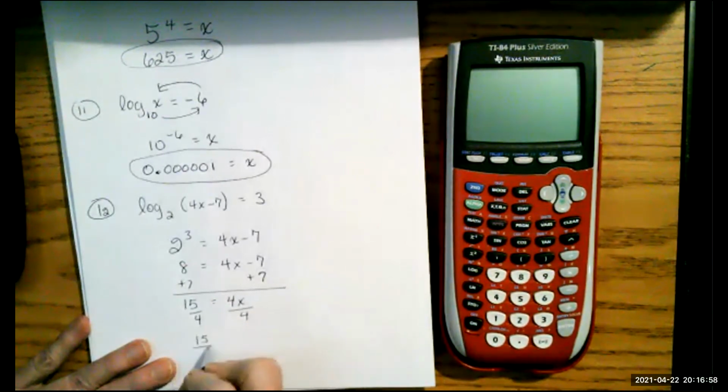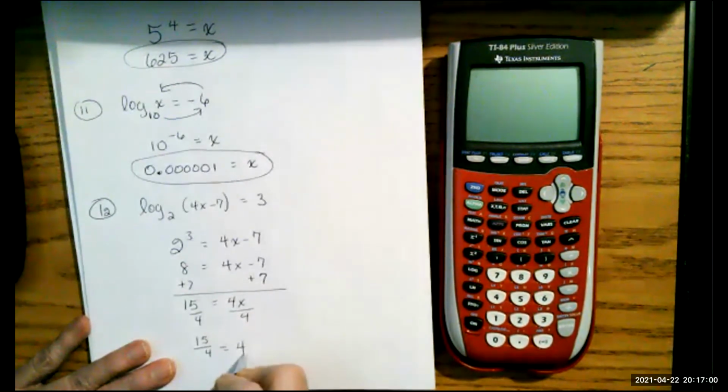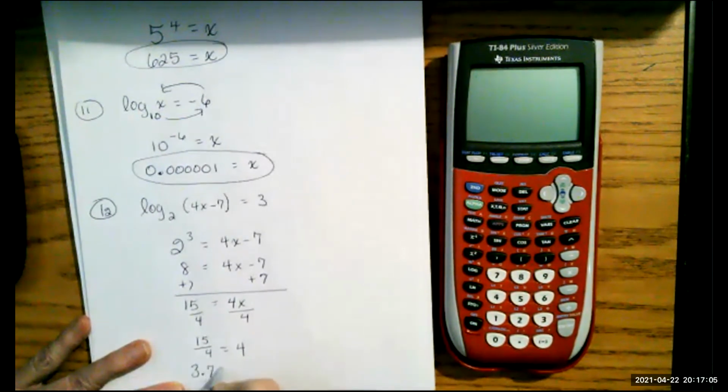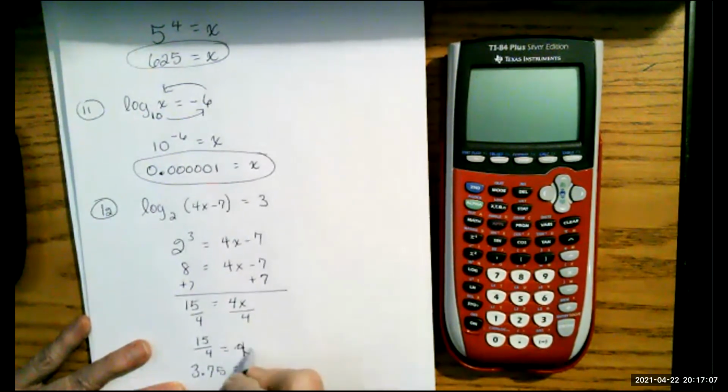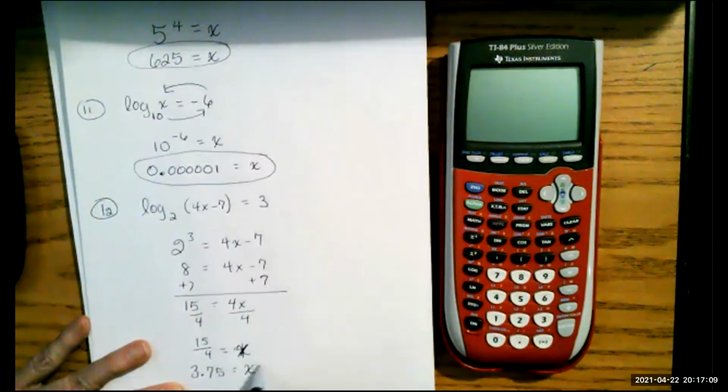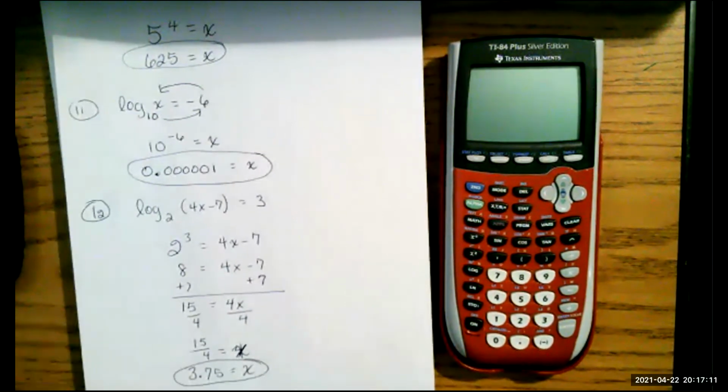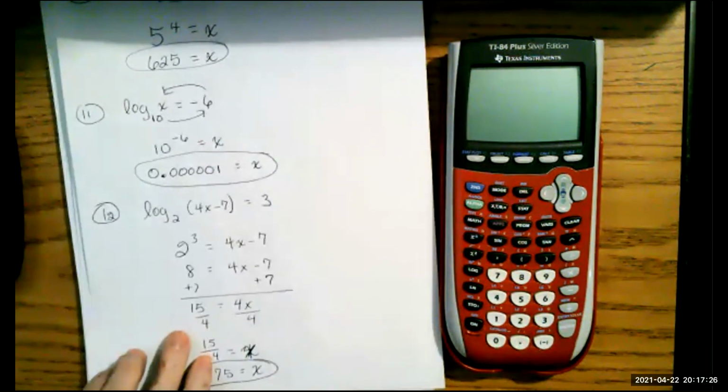So 15 fourths equals x. And they changed this one to 3.75. I wonder if they'll count it if you put 15 fourths. Okay, 13 is the one we did.